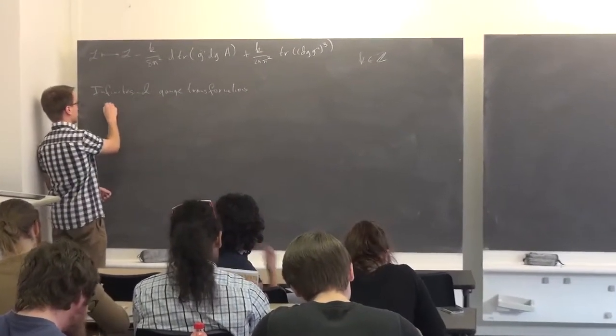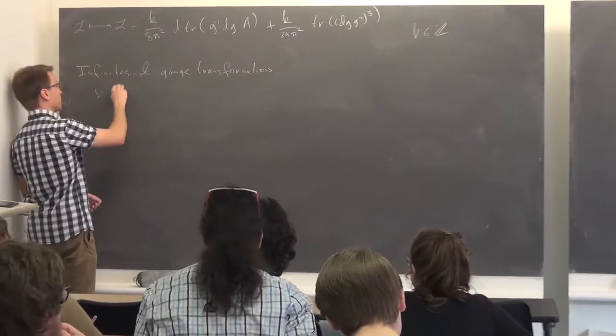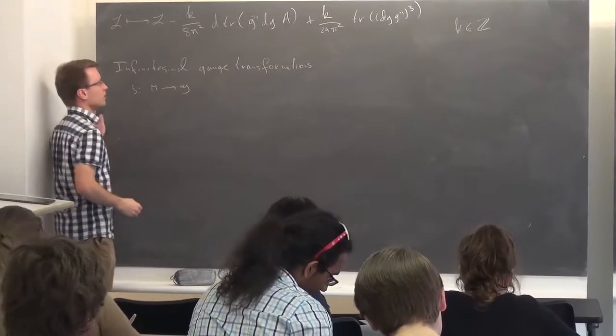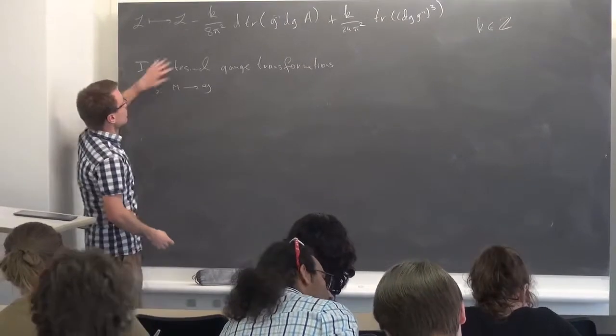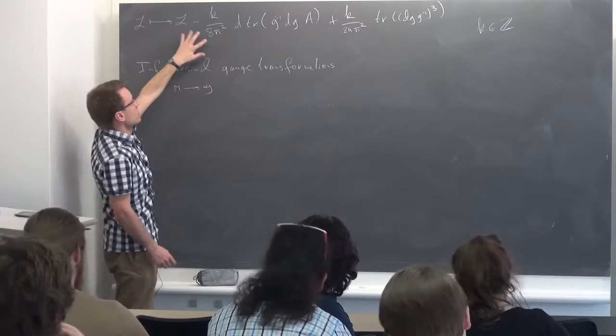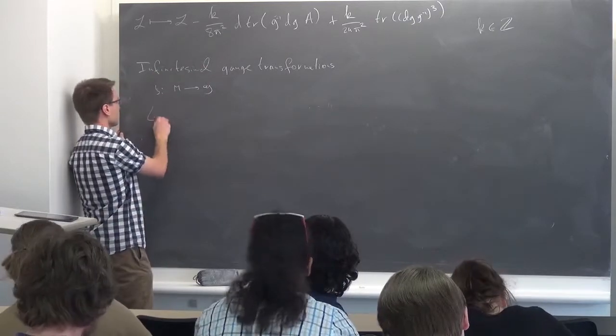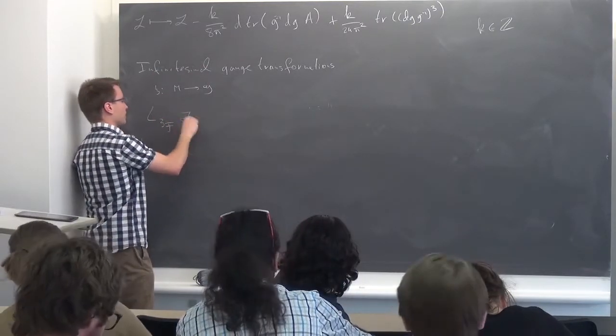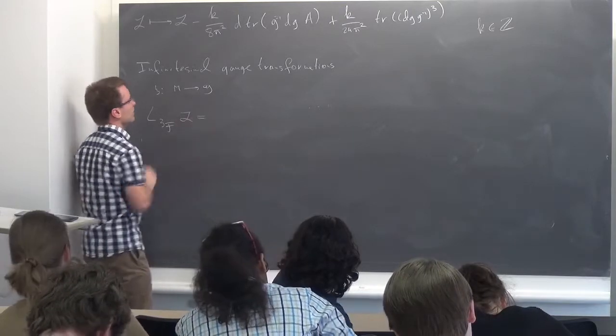Infinitesimally, they're given by a map from M to the Lie algebra, which I call xi. So from this formula, you can actually read off the infinitesimal gauge transformations. So let's derive how they act on the Lagrangian.